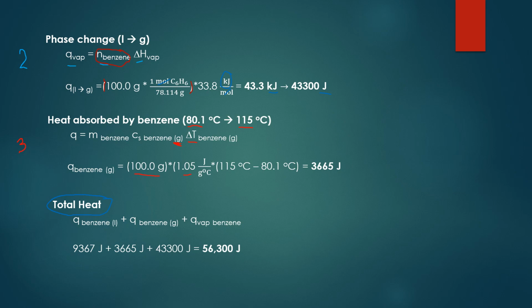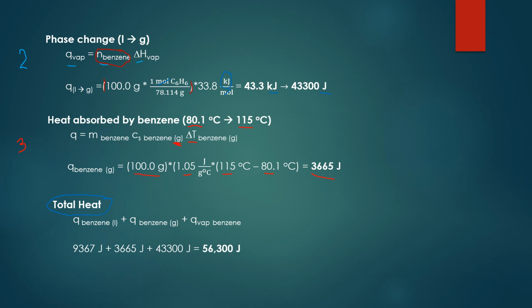And then the change in temperature, we take the final 115 minus the initial, which in this case was 80.1. Notice we're only using the temperatures of when the benzene was in the gas phase. Calculating this out, we get 3,665 joules.